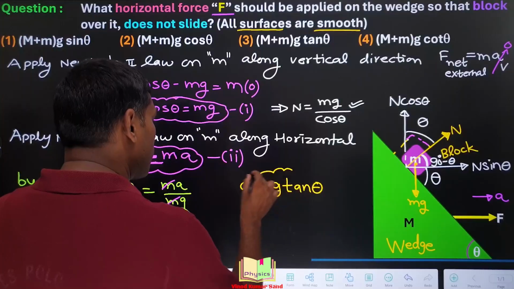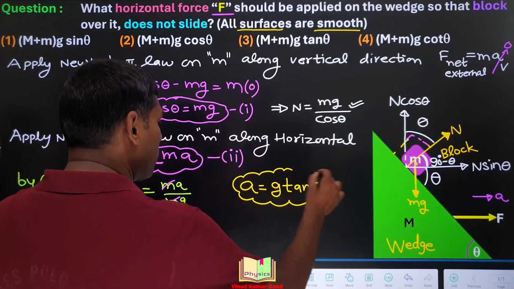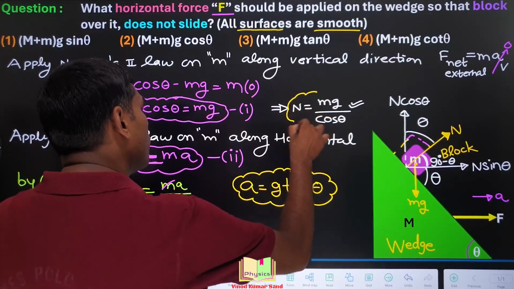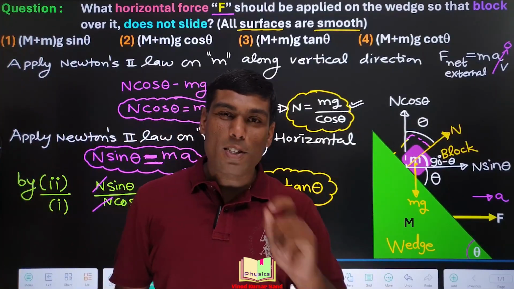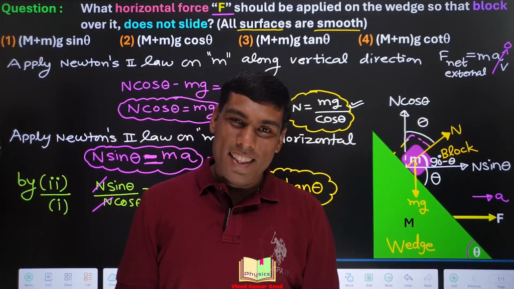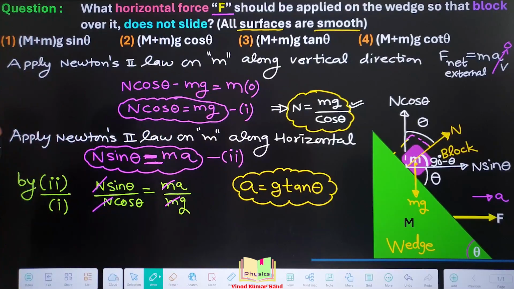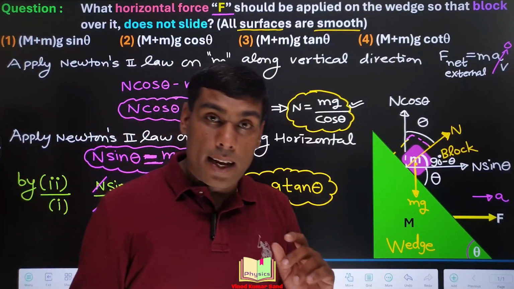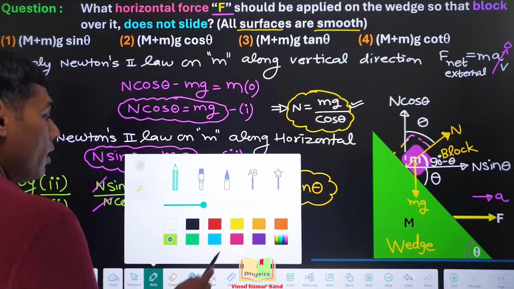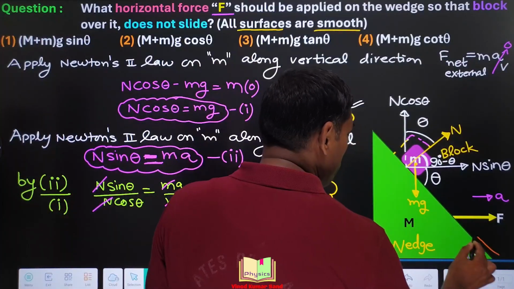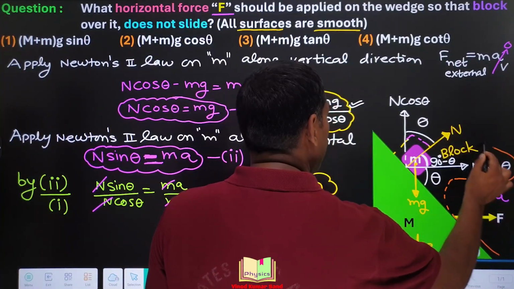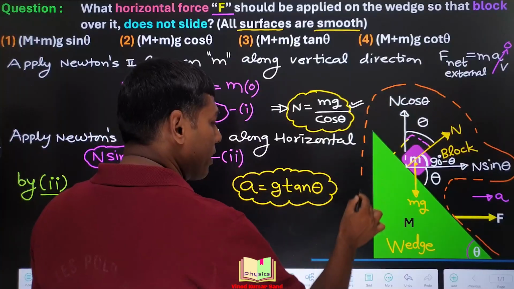This is another nice data or question. If someone asks you how much is the horizontal acceleration of this system, the answer should be g tan theta. Now, apply Newton's second law again on this system. What are we calling a system? This mass capital M and the mass small m together.